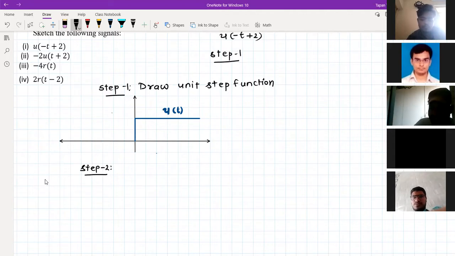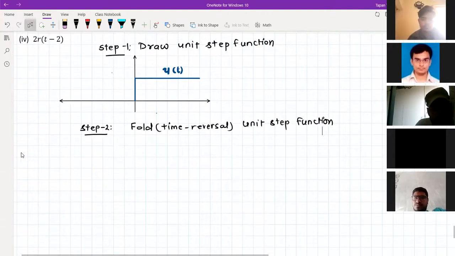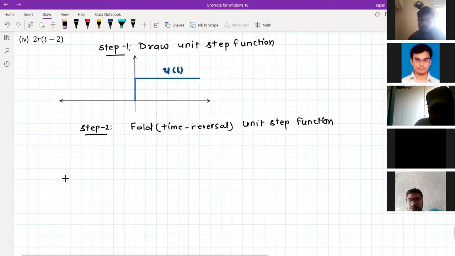first you need to fold the signal. So fold, or you can say time reverse. Perform the time reversal of the unit step function. Right? So you need to fold the unit step function.